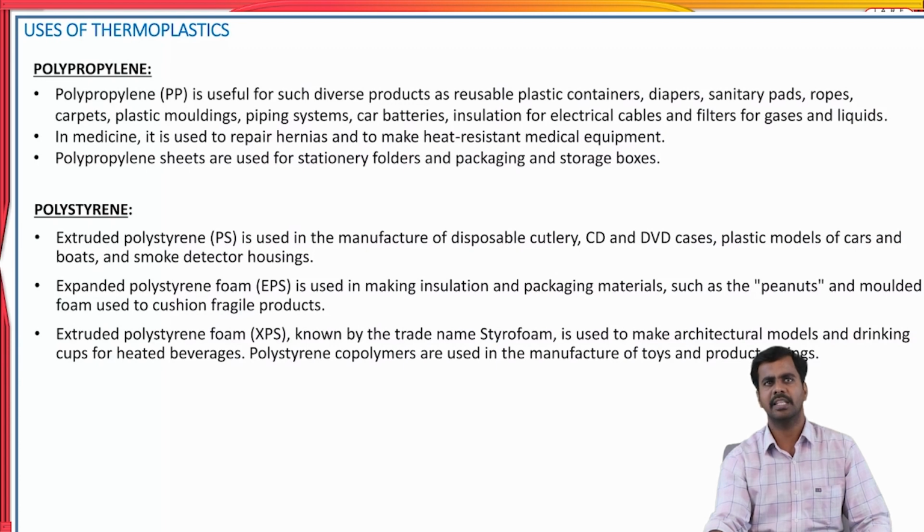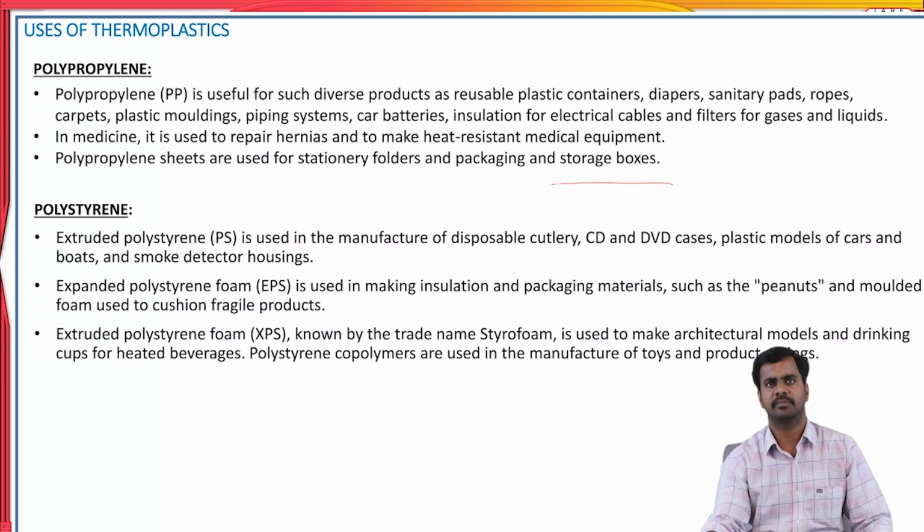In the medicine field, it is used to repair hernias, and to make heat resistant medical equipment. Polypropylene sheets are also used for stationery folders and packing and storage boxes.